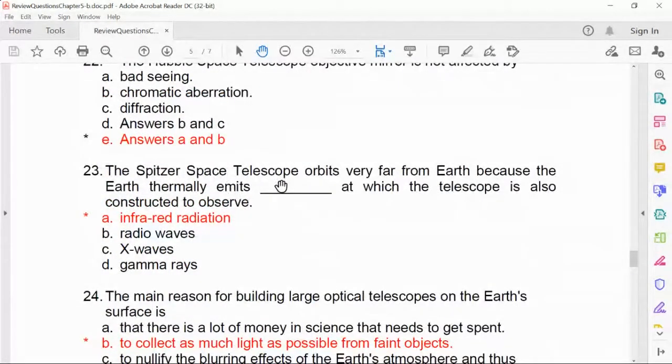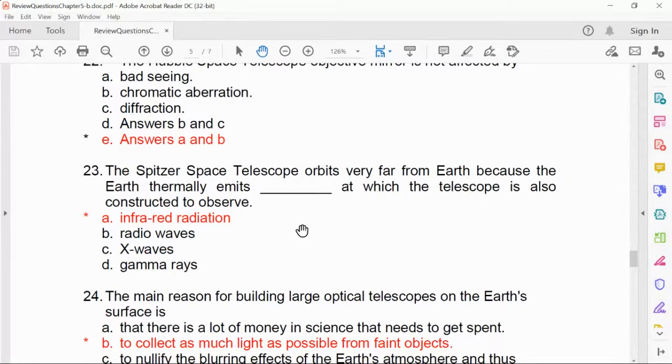The Spitzer Space Telescope orbits very far from Earth because the Earth thermally emits infrared radiation, which the telescope is constructed to observe. I told you, you yourself emit infrared, and there are other sources. So if you construct something to study this wavelength, you really have to be far away from it.